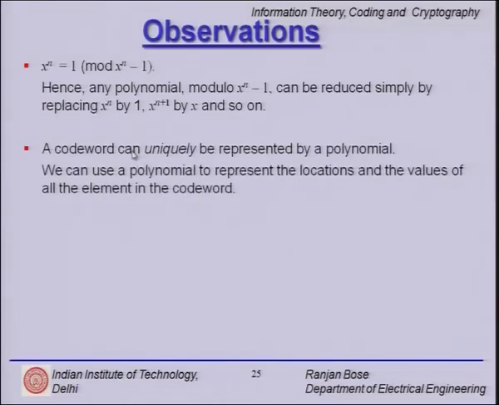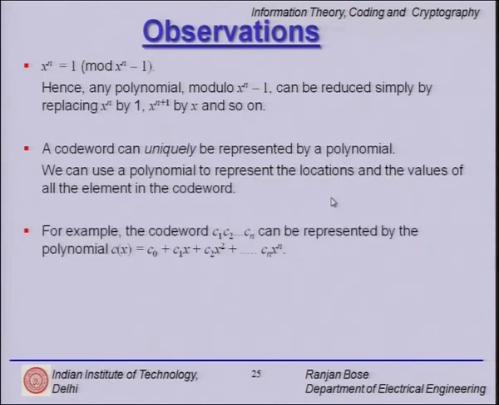Now, we first make our link. Any code word can be uniquely represented by a polynomial, and how do we do that? Well, suppose my code word is C1, C2, C3 up to Cn, then we can write it very easily as C(x) equals C0 plus C1x plus C2x squared up to Cn x^n.